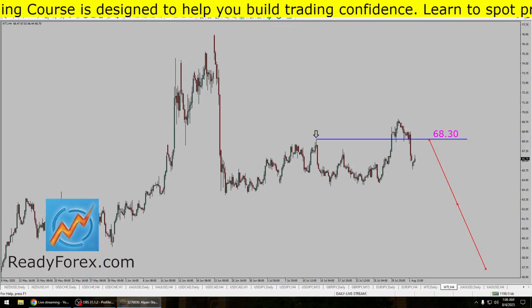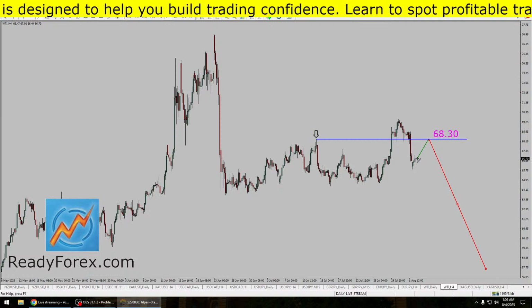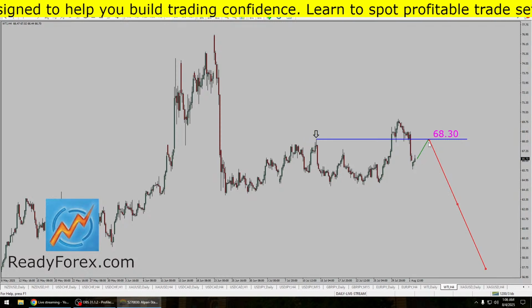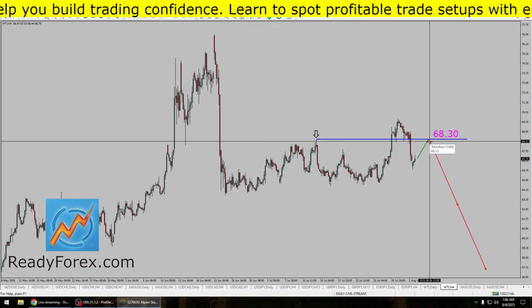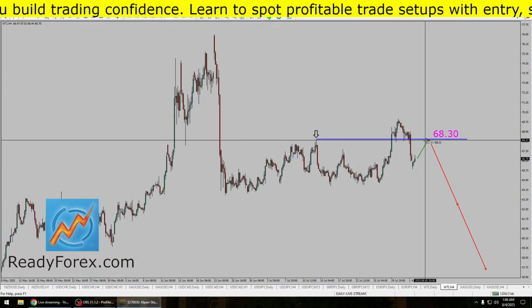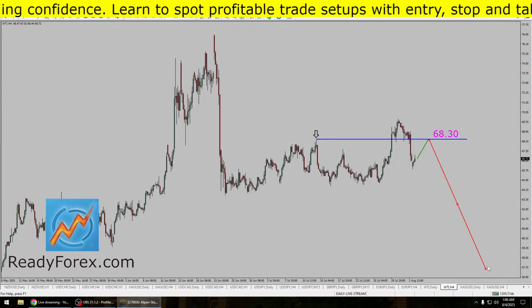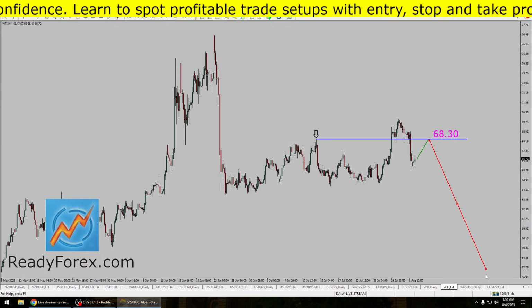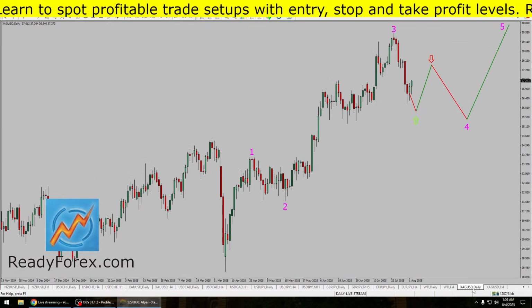Okay, we might get a retest over here. Price action might try to rise back up and hit the 68.30 level, then expect some sort of a top over here, and then market is probably going to drop lower because the trend is down now in crude oil in 4-hour time frame.